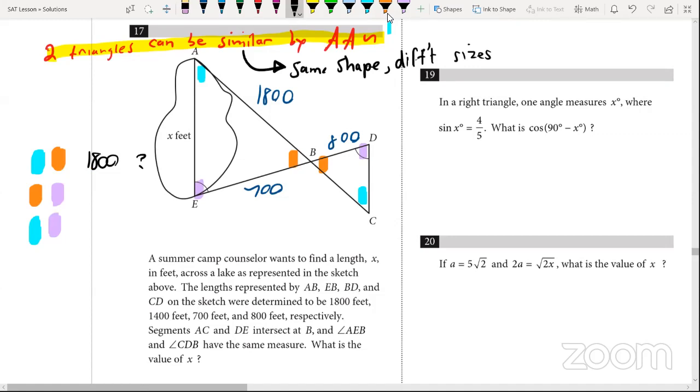The sides that go from orange to purple on the left triangle are 700, and on the right triangle are 800. And the sides that go from blue to purple on the left triangle are X, and on the right triangle is a question mark.